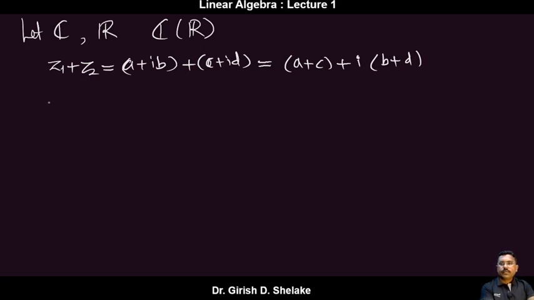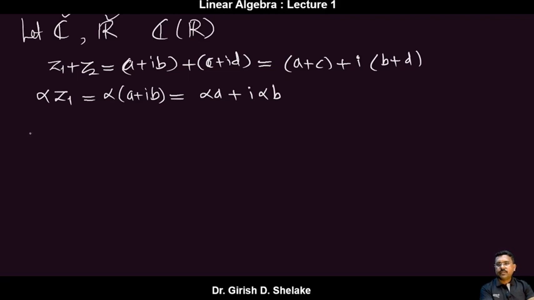And if we have a real number alpha, then scalar multiplication is alpha into z1, which is alpha into a plus ib, equal to alpha a plus i alpha b. This is the scalar multiplication in C over R. Since C and R are both fields, it is quite easy to verify that C over R is a vector space.